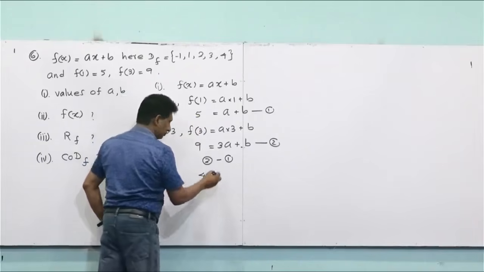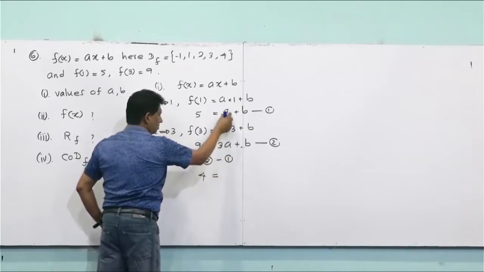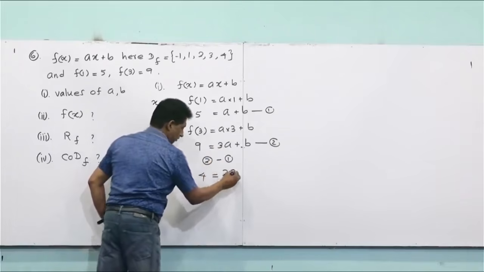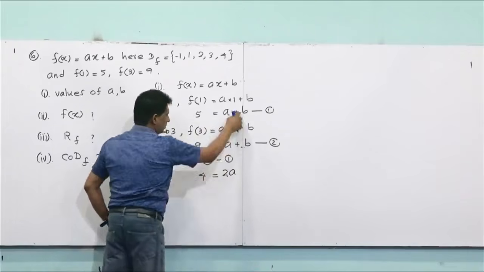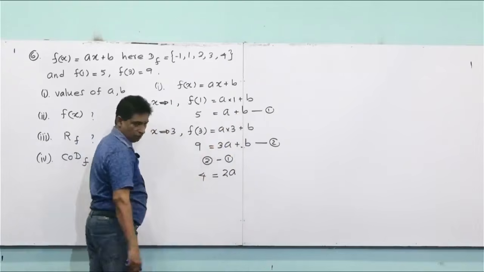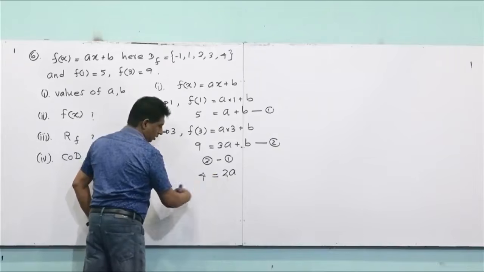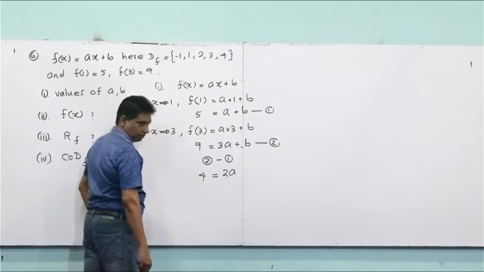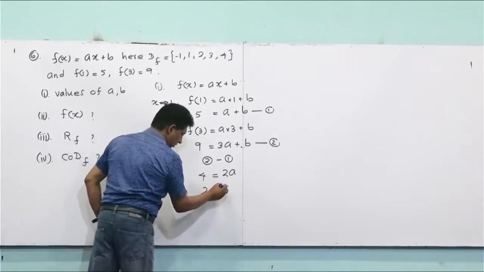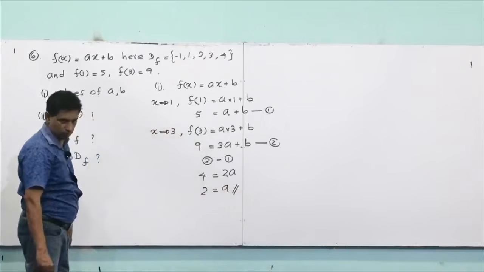On the right-hand side, from 3a we subtract a, so 3a minus a means 2a. Positive b and positive b cancel. Now how can we find the value of a? We divide both sides by 2. Dividing 4 by 2, the value of a is 2.